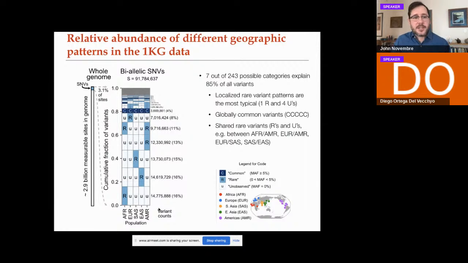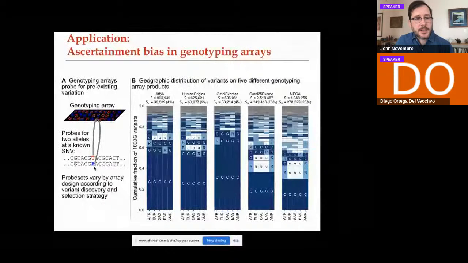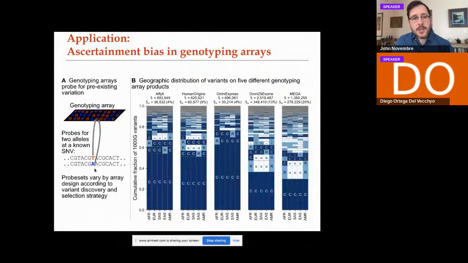We can use this approach to look at other lists of variants. On the next slide, I'm going to show the geographic distributions of the variants found on genotyping arrays. These are the arrays used to do studies of disease mapping and personal ancestry testing and so on in human genetics, where you're probing for two known alleles at a single nucleotide variant. There are different ascertainment strategies, and so these are 5 different genotyping arrays.